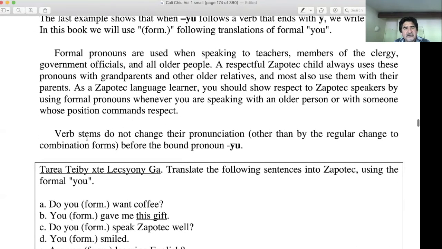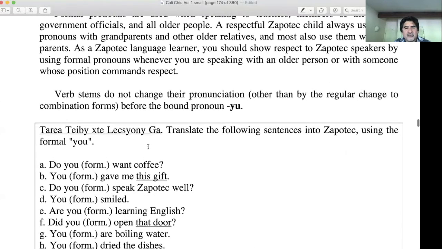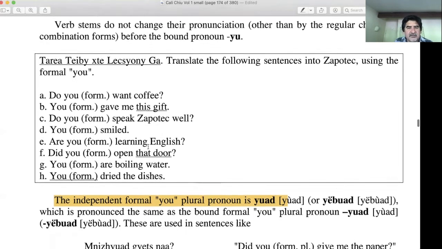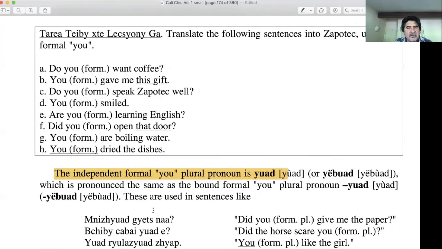All right. So let's continue. As you can see, it says here, verb stems do not change the pronunciation other than the regular change to combination form before the bound pronoun you. If you just go back and listen to what I just said, you can hear that. All right, so now we're going to be looking at the independent form on you. The plural noun is youth.